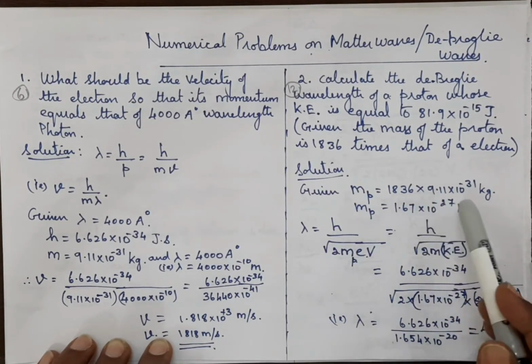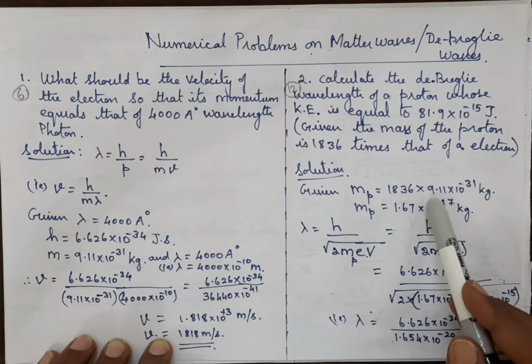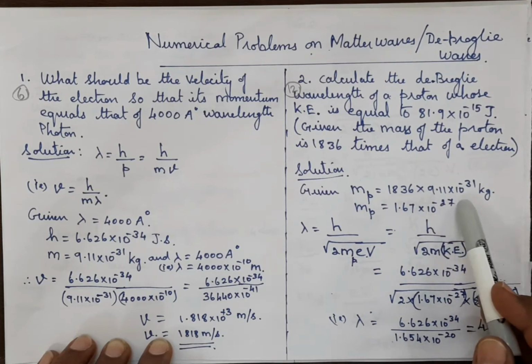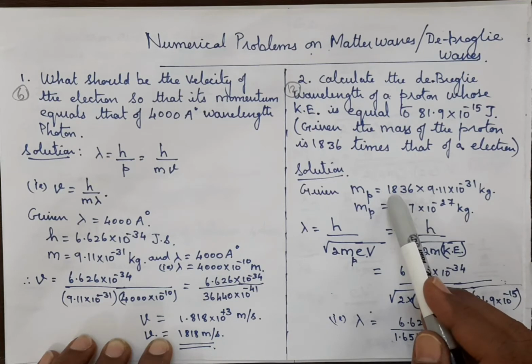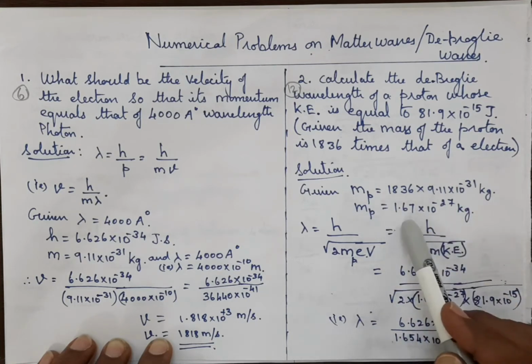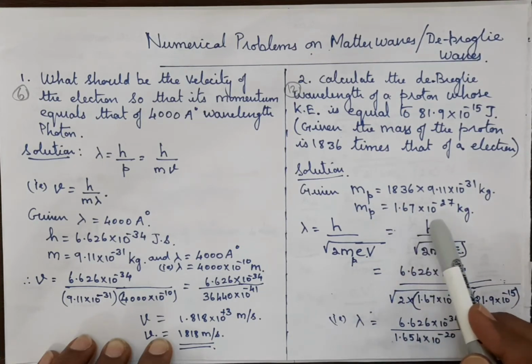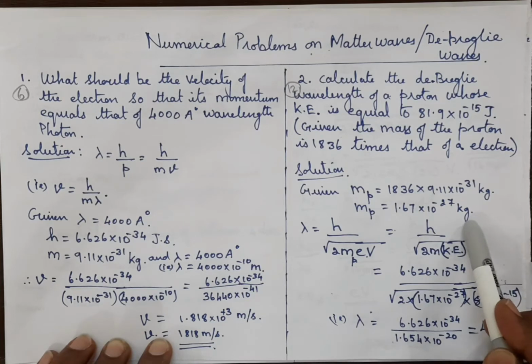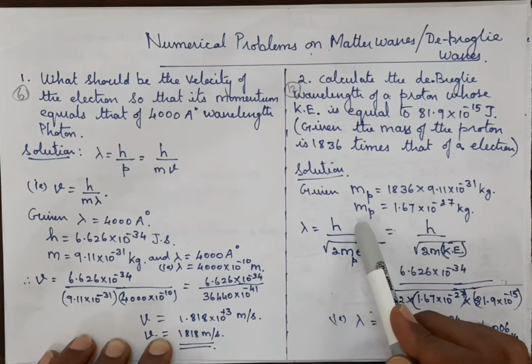So we multiply the mass of the electron, 9.11 into 10 power minus 31, by 1836, and we get 1.67 into 10 power minus 27 kilogram. So this is the mass of the proton we have to take.